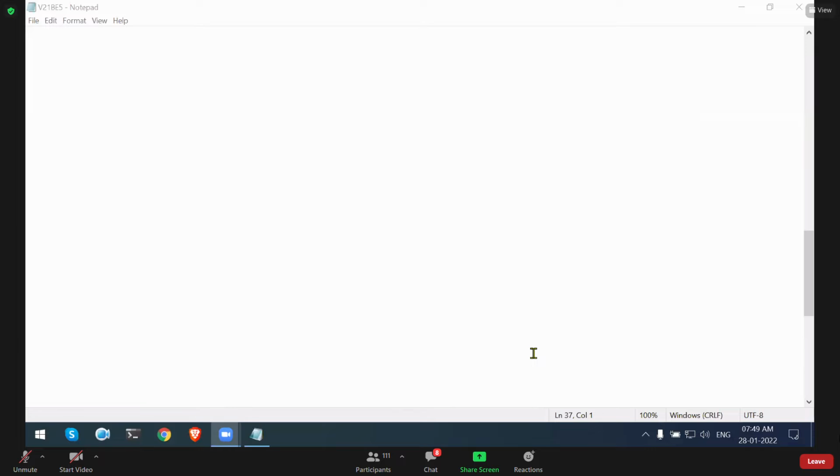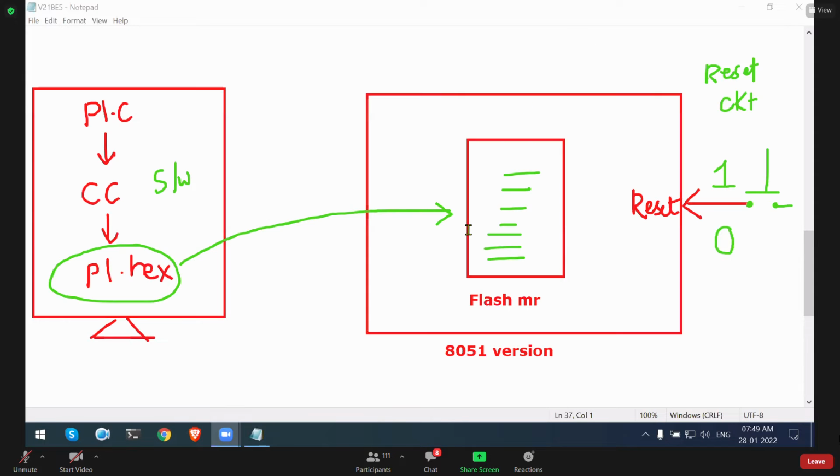After reset, it will not be erased. When you reset the microcontroller, your old program will not get erased because flash memory is permanent memory. Only while dumping or flashing the hex file will the old program get erased.